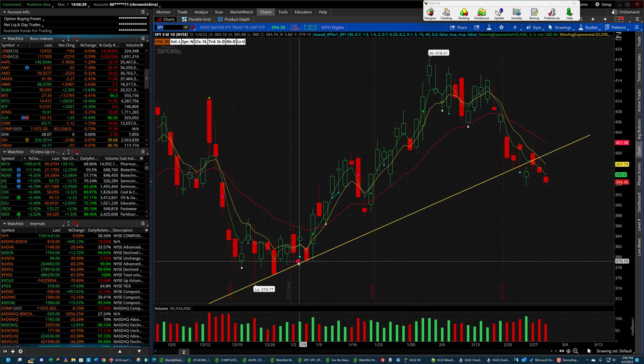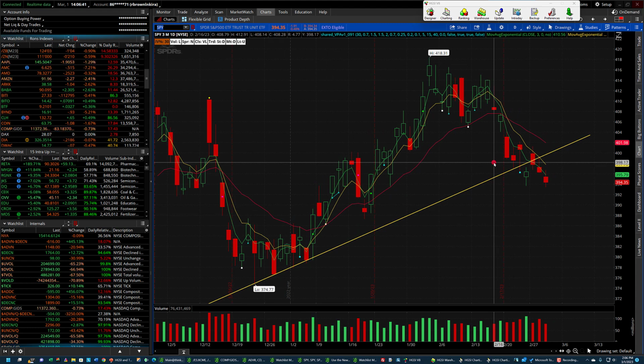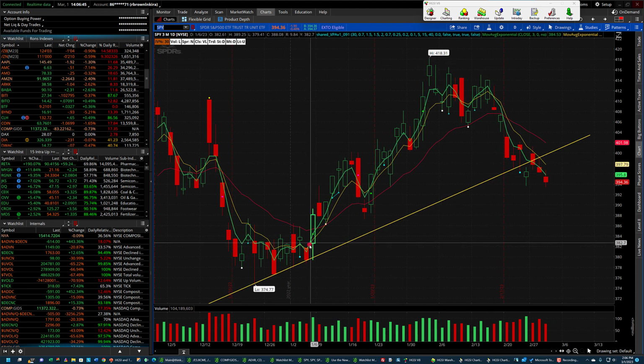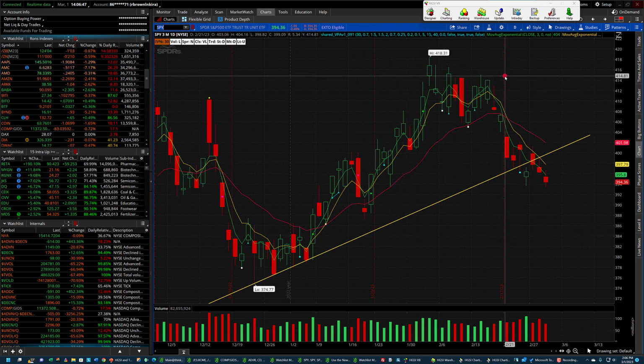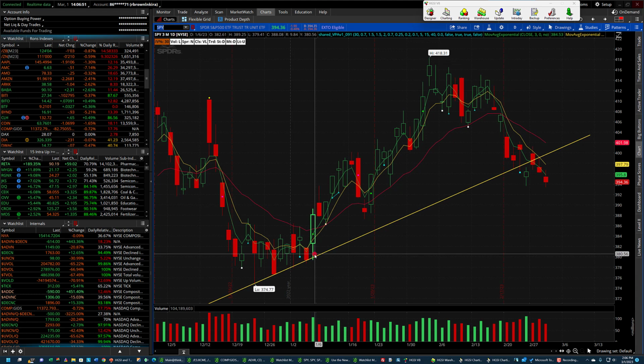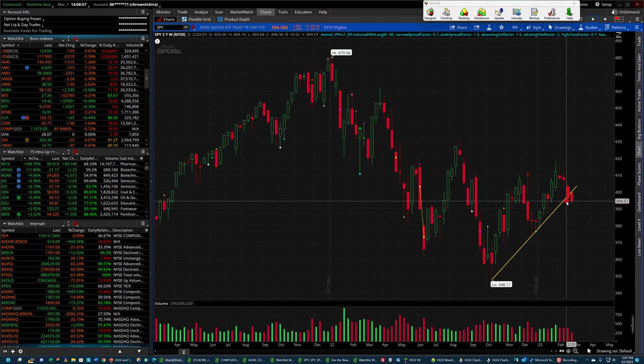SPY, this is a much lower trend line. This is the lowest low before the highest high. I could have drawn a fan here, but I didn't do it on this. But you get the point. We're in a downtrend on the daily charts and on the weekly chart. It's broken on both of these.